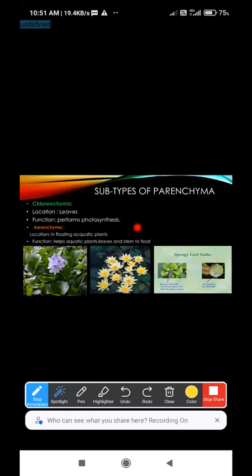Then the second subtype is called aerenchyma tissue. This is a speciality of the aquatic plants. Aero means air, so it is tissue specialized or modified for storage of air.